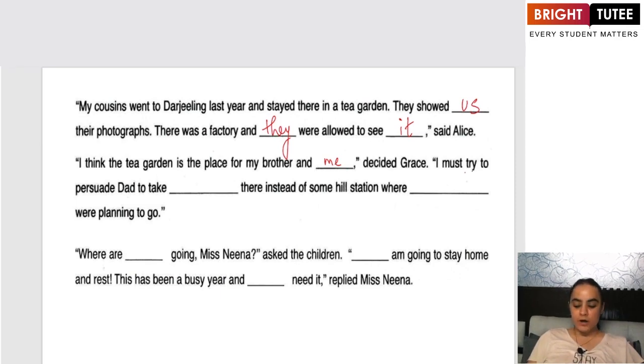"I must try to persuade." Persuade means to convince. "Persuade Dad to take me there instead of some hill station where we were planning to go." "Where are you going, Miss Nina?" asked the children. "I am going to stay at home and rest. This has been a busy year and I need it."